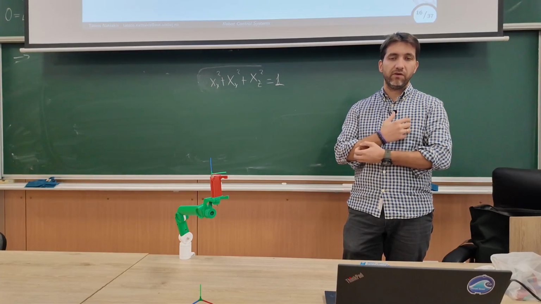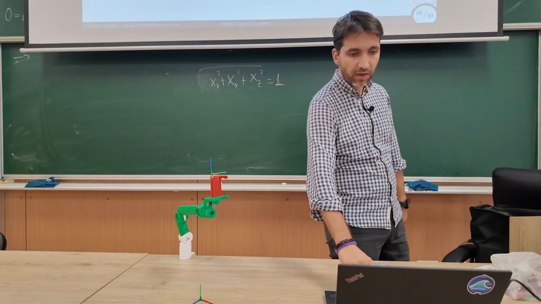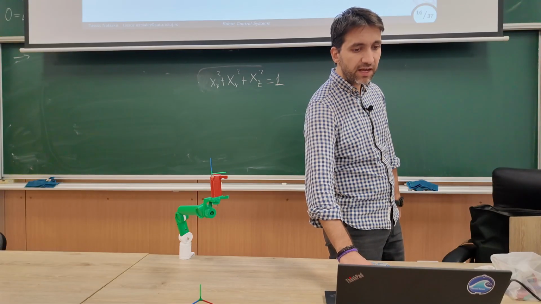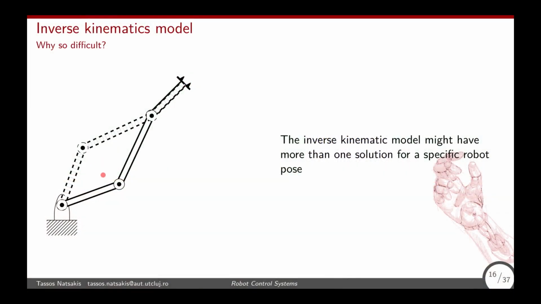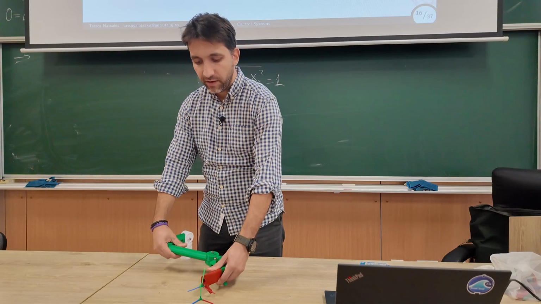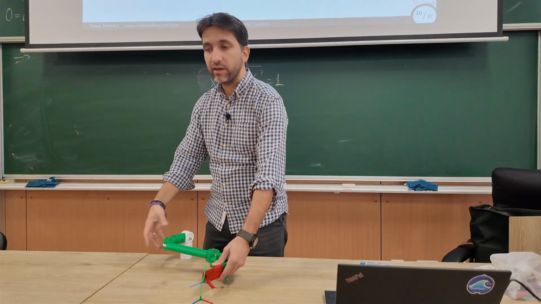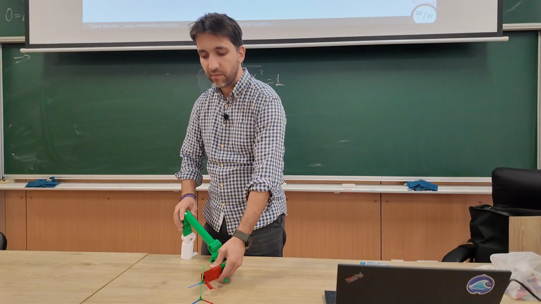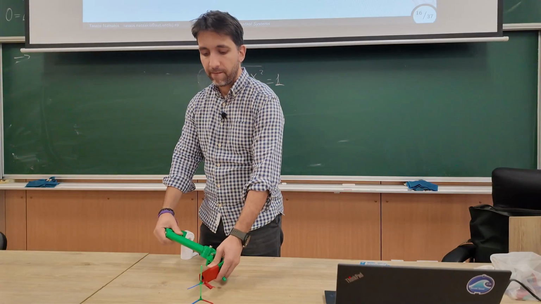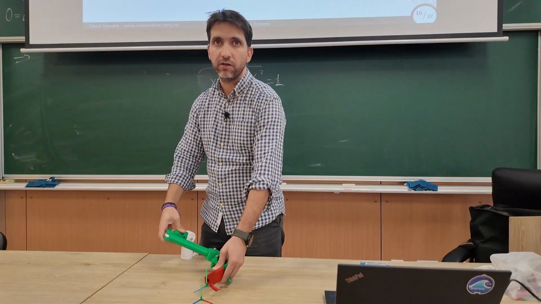And we have a lot of complications inverting these functions. Here I try to present a situation where, for the same target pose, I can have multiple solutions. There's more than just one way to reach this pose. You see here, I can have different joint coordinates that result in more or less the same pose. So which one do I choose eventually?